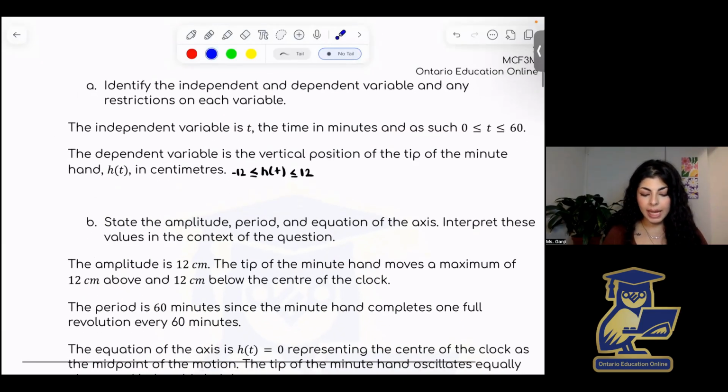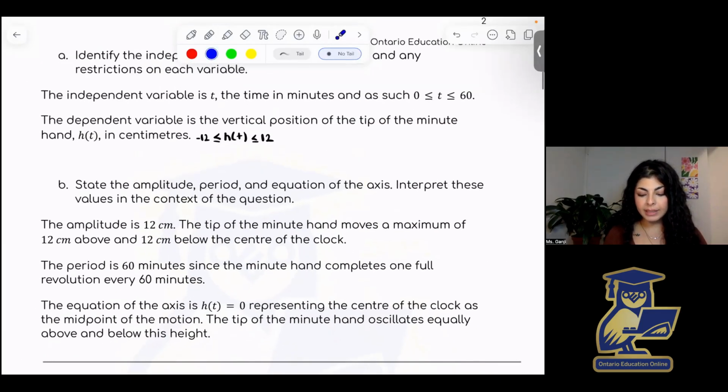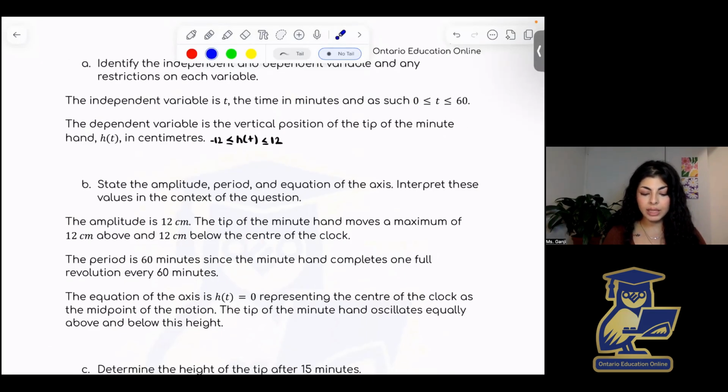Next, we're asked to state the amplitude, period, and equation of the axis and interpret these values in the context of the question. For the sake of working through this problem with you, I included the horizontal stretch and compression there, but we are still going to just use what we know about the problem to answer this.